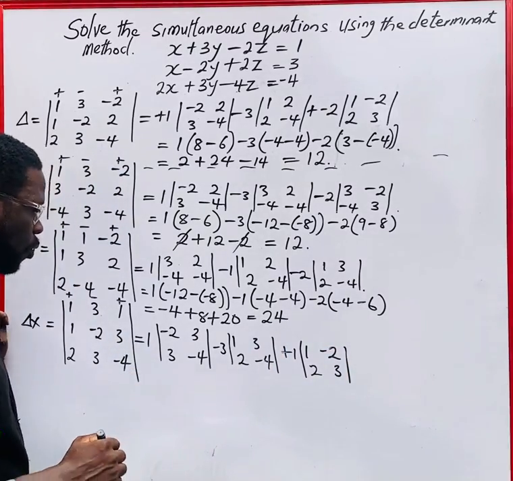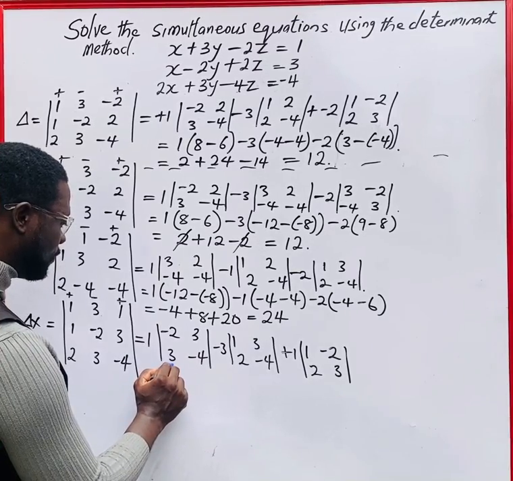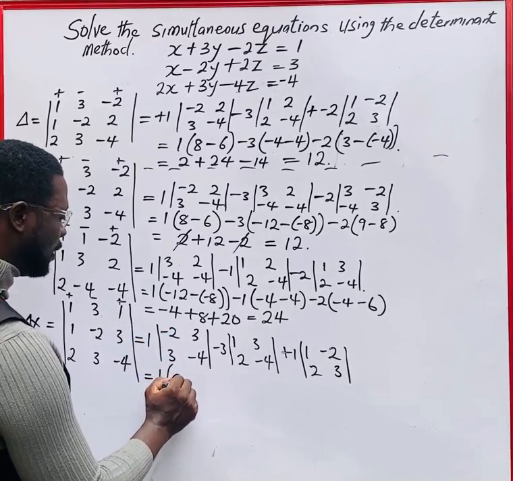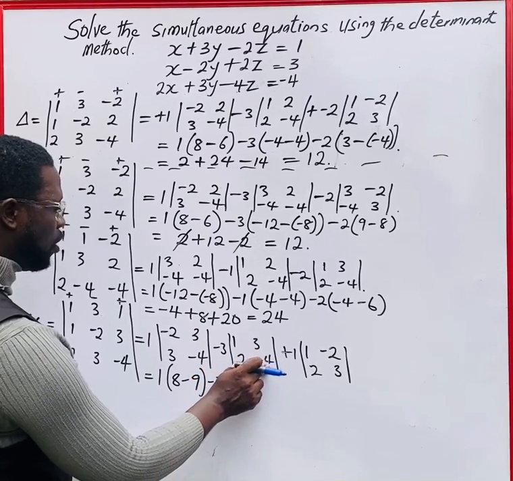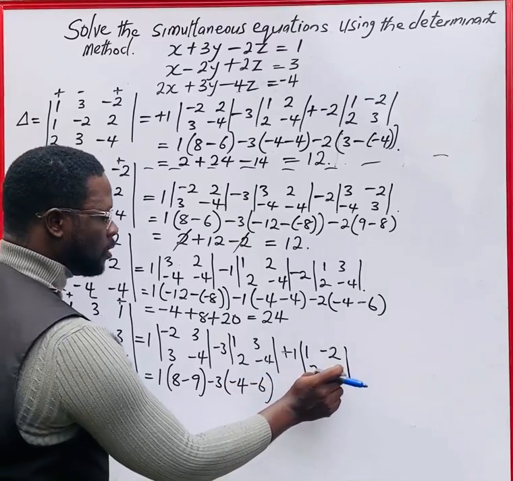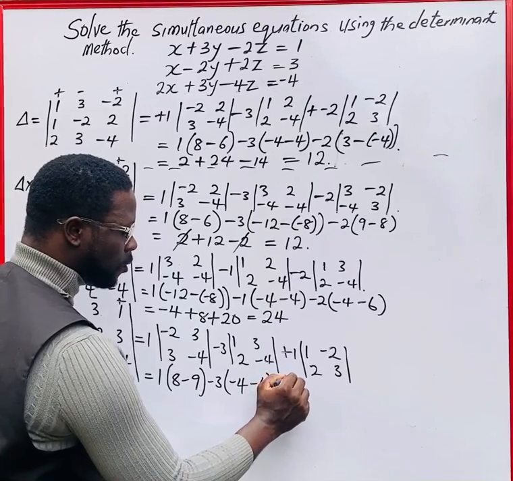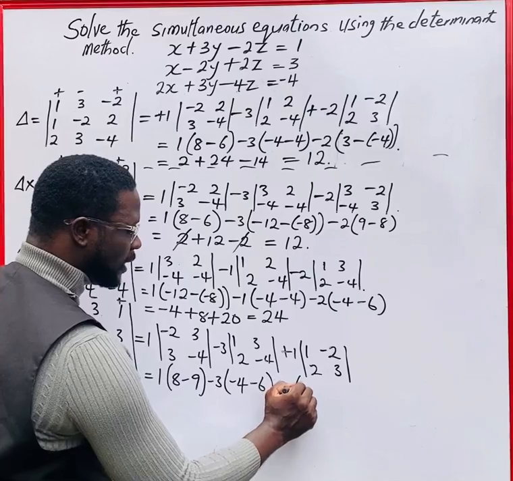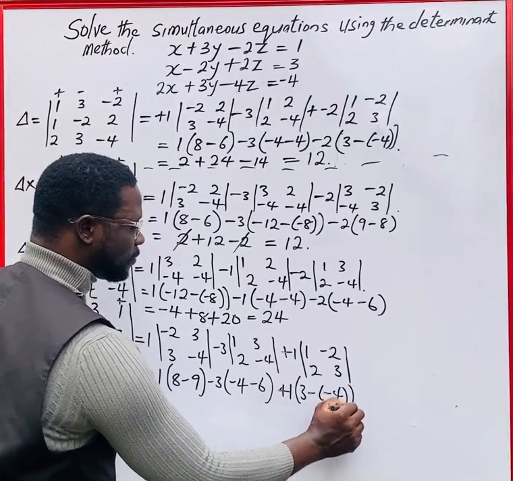All right, so we've gotten this. Okay, so let's go. So quickly, we'll have this give us 1 times minus 4 times 2 minus 2, which will give us 8 minus 9, very good. Minus 3 times minus 4, which gives us minus 4, minus 6, very good. We have plus 1. 3 times 1 is what? 3. Then minus 4. All right.